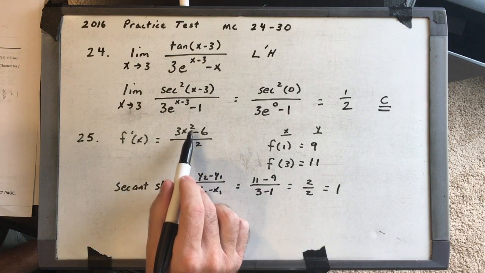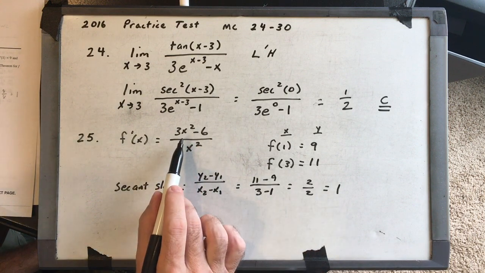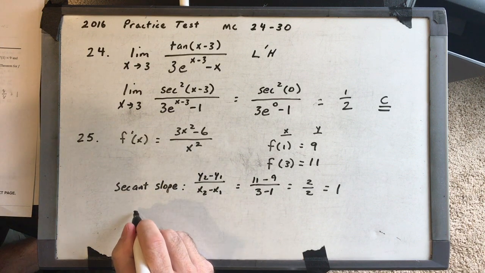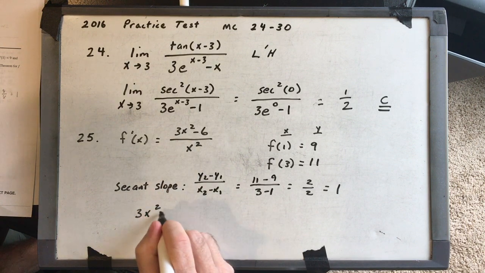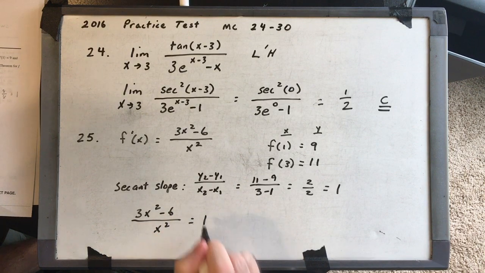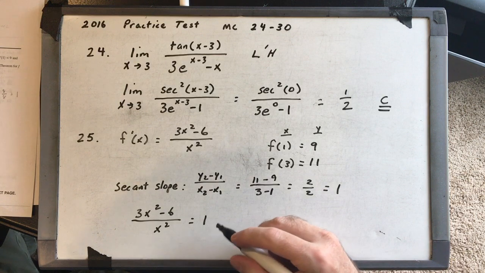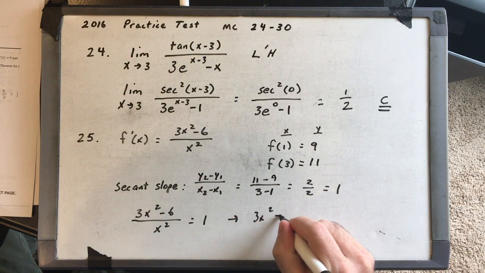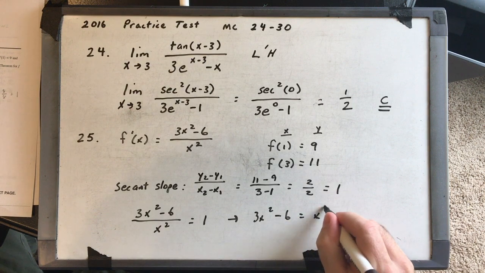If we set our derivative equal to that, we can find the x value where the tangent line slope is equal to 1. And that's what it's asking for. So 3x squared minus 6 over x squared is equal to 1. Let's multiply both sides by x squared. We'd have 3x squared minus 6 is equal to x squared.